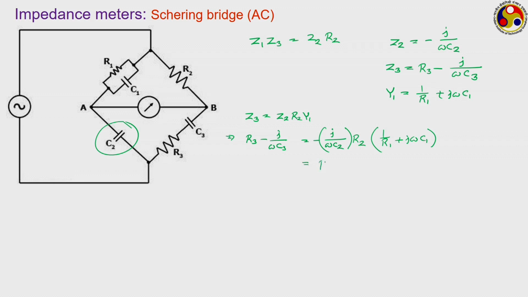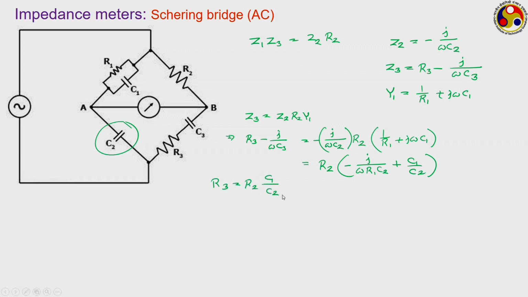Combining all of them, we have minus j upon omega R1 C2, or I should say plus, C1 upon C2. Again we can just compare the real and imaginary parts of both sides. Comparing the real part, we have R3 is equal to R2 into C1 upon C2.